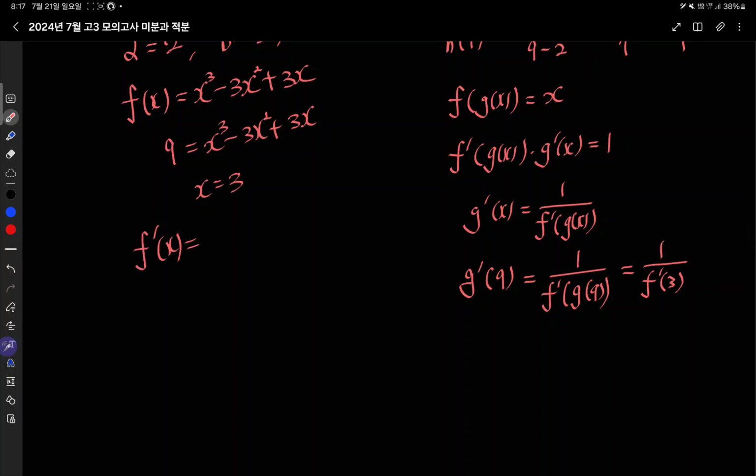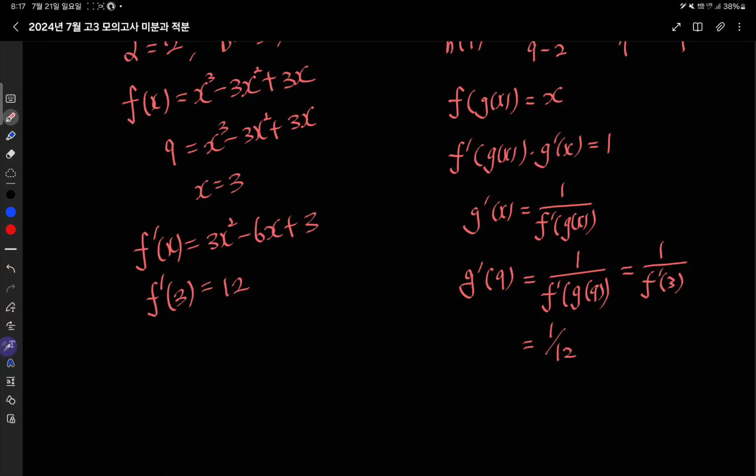So f prime of x is 3x squared minus 6x plus 3. And so f prime of 3 is 12. So g prime of 9 is 1/12.